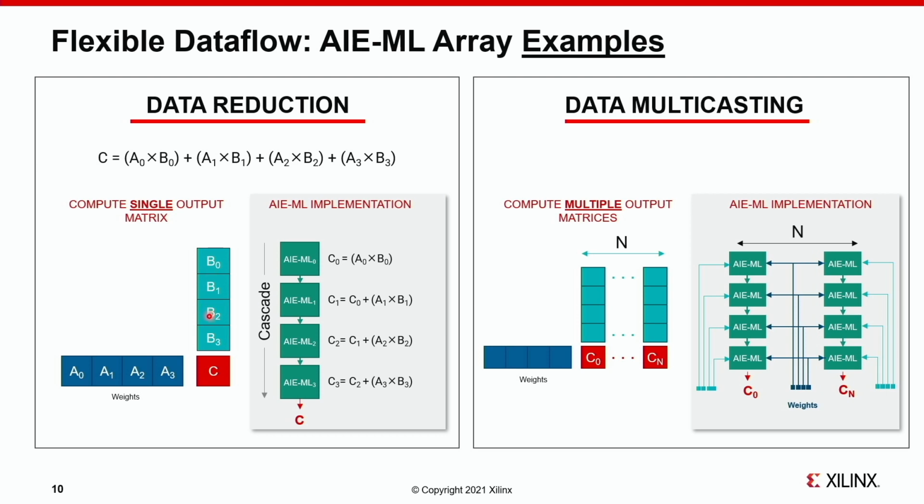As you can see in this picture, we would need to do 4 matrix multiplication kernels. And if we implement this on the AI/ML architecture, we will implement this as 4 AI/ML tiles connected through the cascade stream directly. So in the end, we will produce only one output matrix.